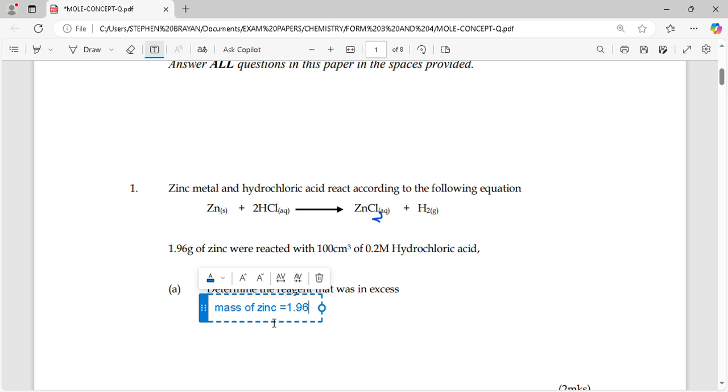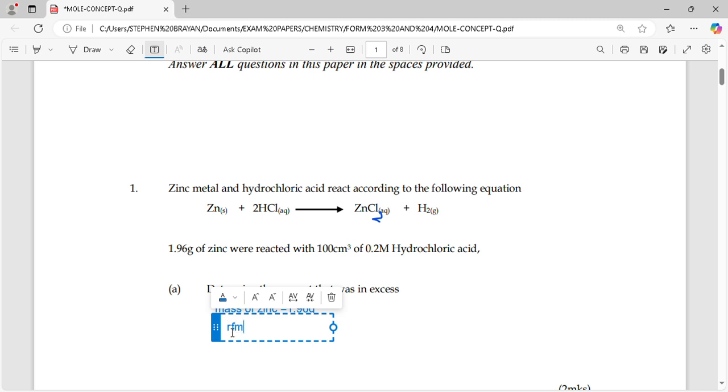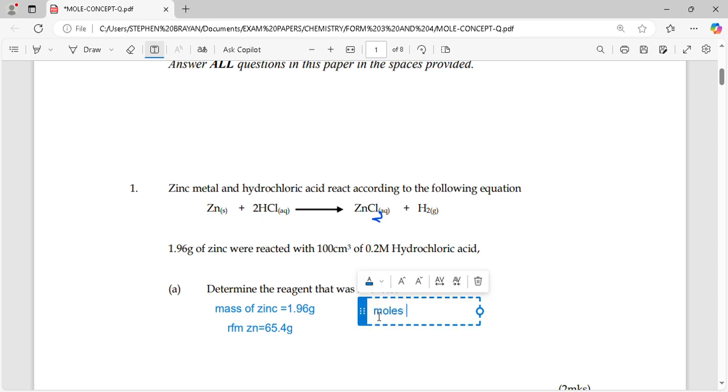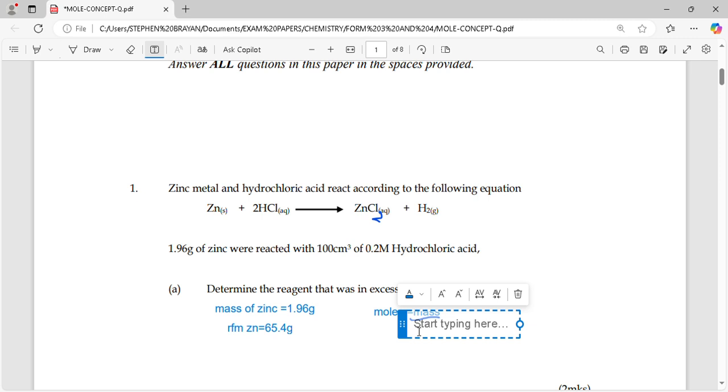Because you've also been provided with the RFM of zinc, which is 65.4 grams, and you have the mass and the RFM, you can get the moles, because moles is equal to mass over RFM.